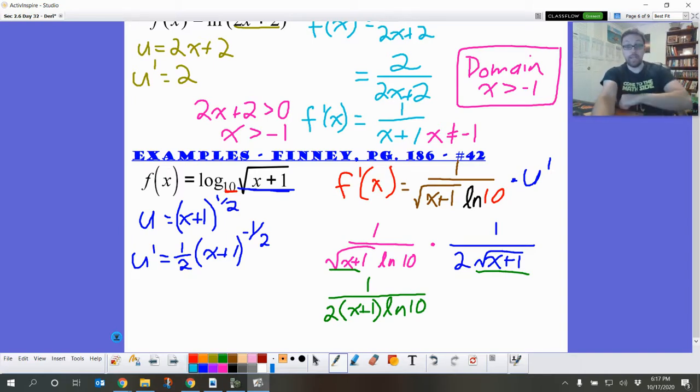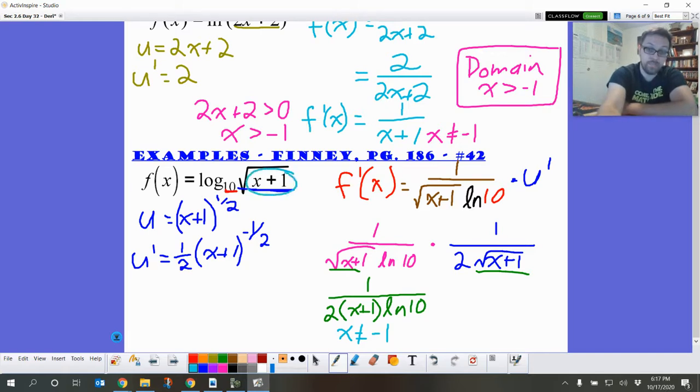All right, now we need to identify what are our domain restrictions. So right here, I can definitely say that -1 would be bad, because if we put a -1, that would make that whole denominator equal to 0. Just looking at f prime, that doesn't tell me the whole story. I need to look back at this piece.